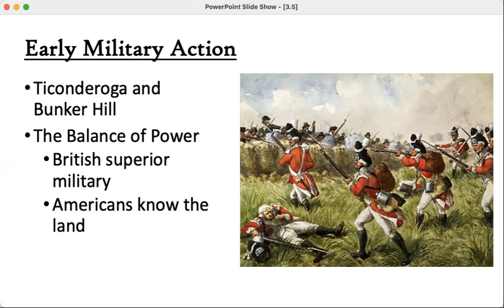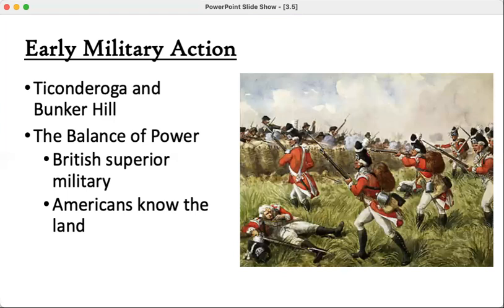They're at the top of the hill, and the British are gunned down as they try and go up. The Brits will eventually be able to take Bunker Hill, be able to remove the colonial militia, but the result is heavy casualties. Many soldiers will die or be injured.